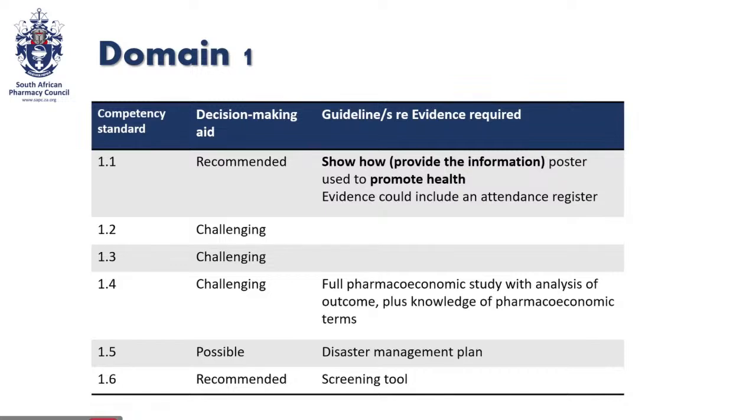Again, if we start with domain 1, we said we recommend 1.1. Show how you have provided the information on a poster, and you must promote health. Your evidence could include an attendance register. Remember, an attendance register needs to have a date, a place where this education or this presentation happened, the date and the time.